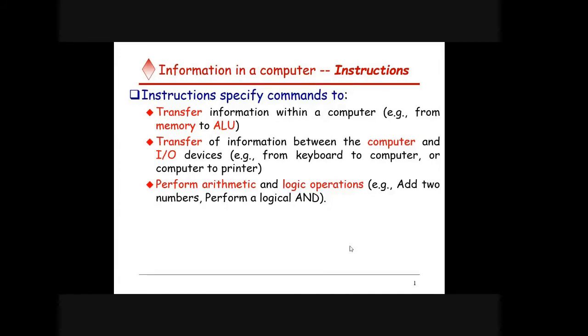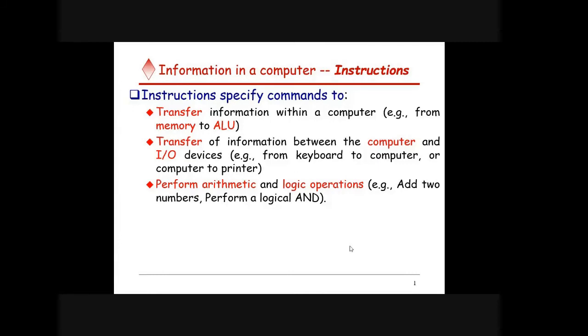The second is from the input device to the computer, like whatever I am typing on the keyboard, giving through voice command, or through the mouse. That is from the external world, giving input to the computing system. That is the second type of data transfer.